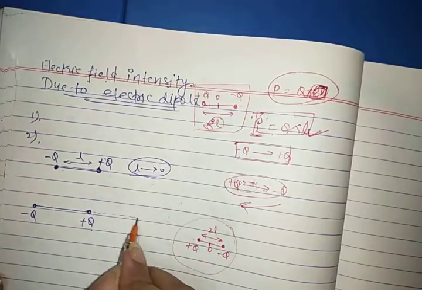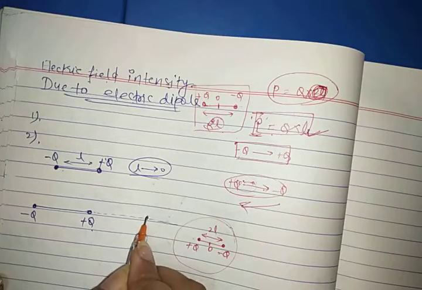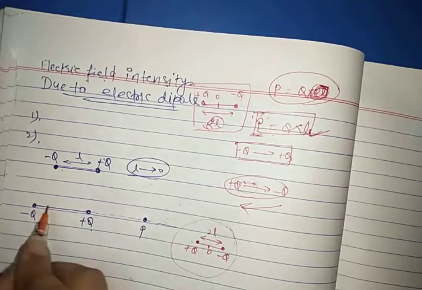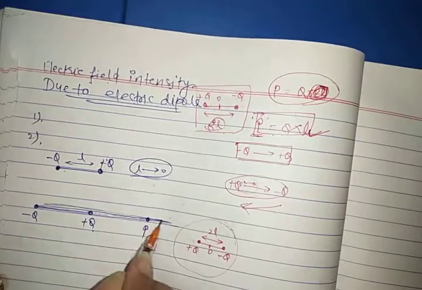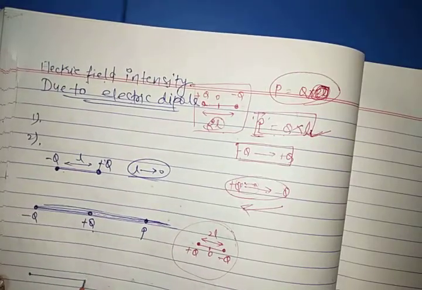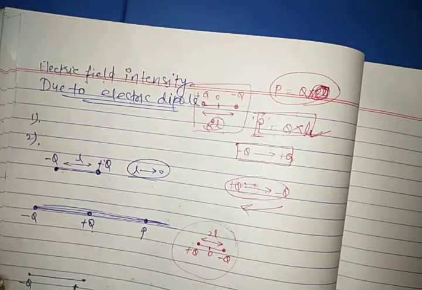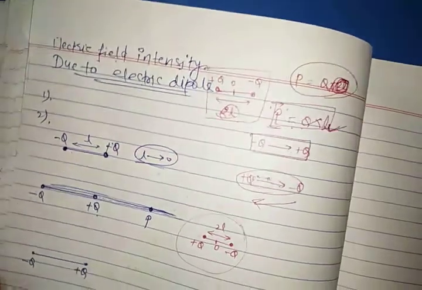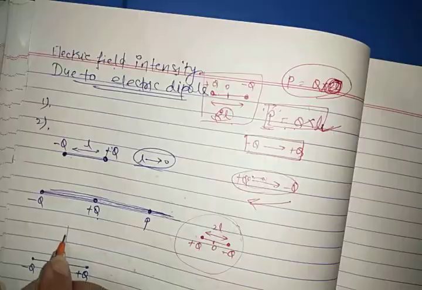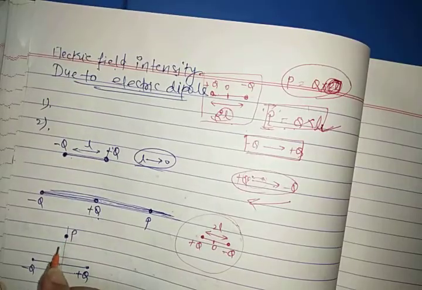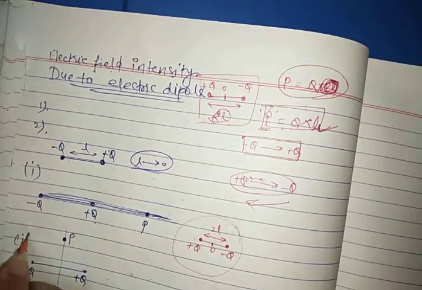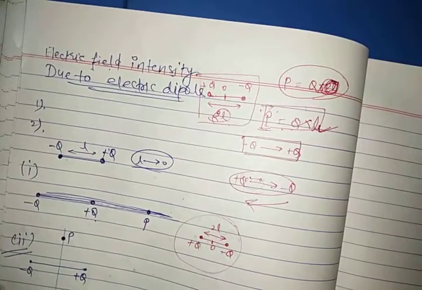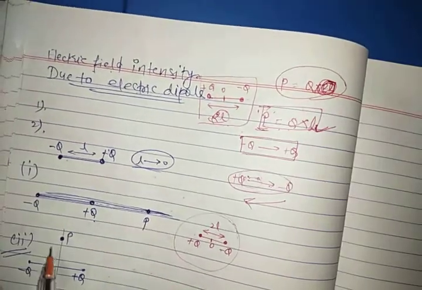Either we determine the electric field intensity over here, at P, along the axis, this is the axial line. Or if you want to determine the electric field intensity due to this electric dipole over this point P, this is the equatorial line.